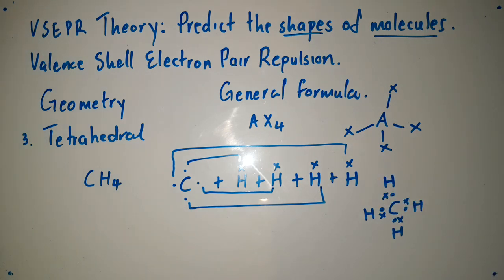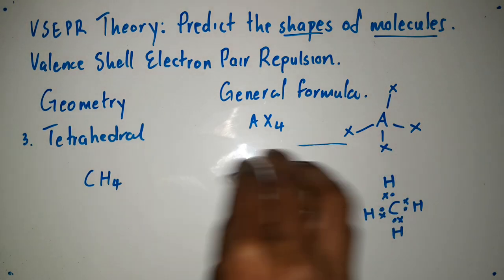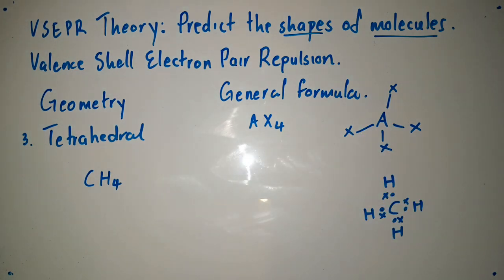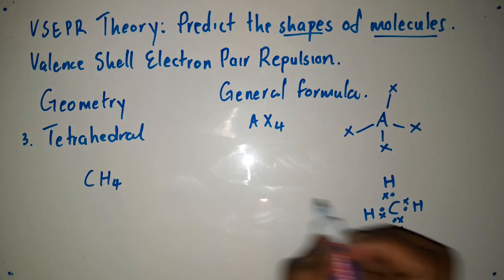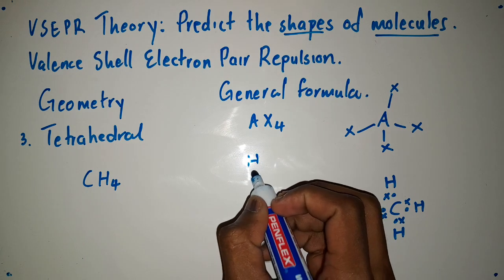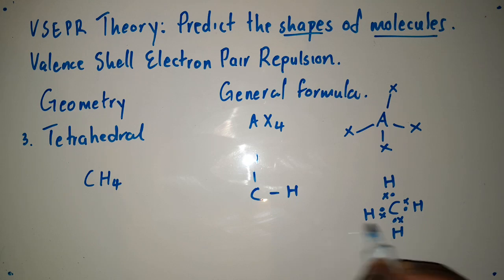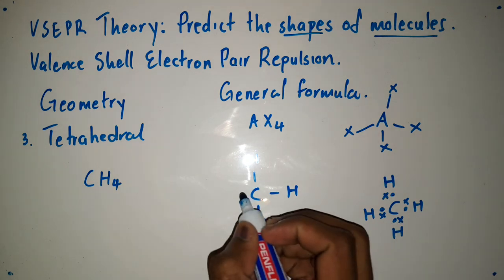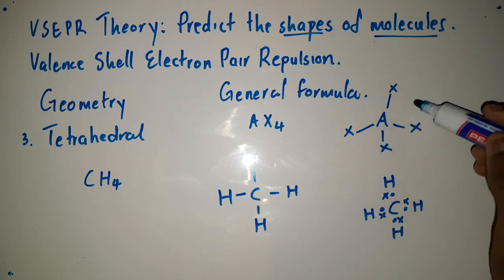You see, then now I want to replace my bond with some lines. Let me replace these paired electrons with a line like this, another one with a line, and another one with a line like this. At the end of the day, I'm going to get a structure which is similar to this one.